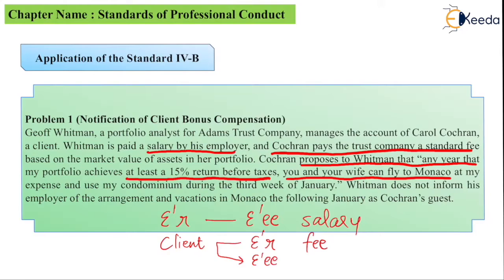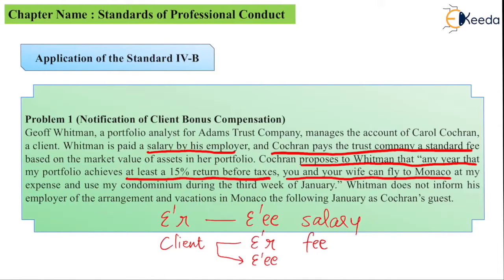He says that if in any year I get 15% return before taxes, you and your wife can fly to Monaco at my expense. मतलब फ्लाइट का टिकट्स ये स्पॉन्सर करेगा एम्प्लॉयी का. ऑल्सो यूज माई कॉन्डोमिनियम ड्यूरिंग द थर्ड वीक ऑफ जनवरी. मतलब यूज माई ओन अपार्टमेंट, यूज माई ओन प्लेस टू स्टे देयर.